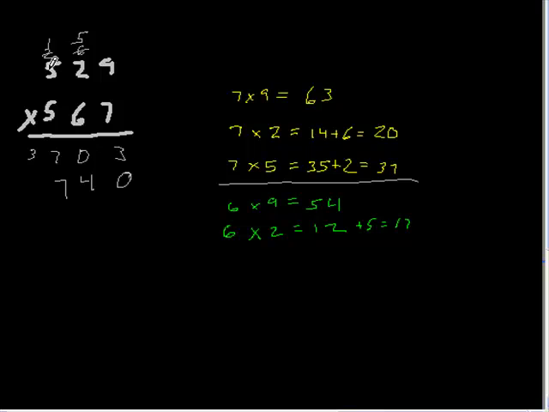And now I'm going to multiply 5 times 6, which equals 30. But I'm going to add the 1 that I carried over, which equals 31. I'm going to place that down below right here. So 31. And now my next step, I'm going to cross the 1 and the 5 out that I carried over.